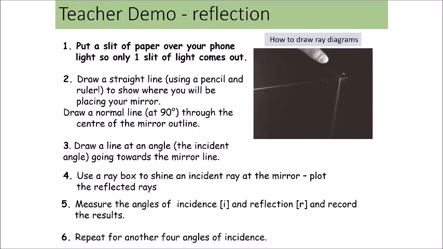So these are the instructions on how to complete this diagram and this experiment. I'm about to show you how to do the experiment, but if you'd like to try it yourself, pause the video here and try and follow these instructions to make the experiment yourself. If you're having trouble, watch the next 2 minutes of the video and watch how I do it.